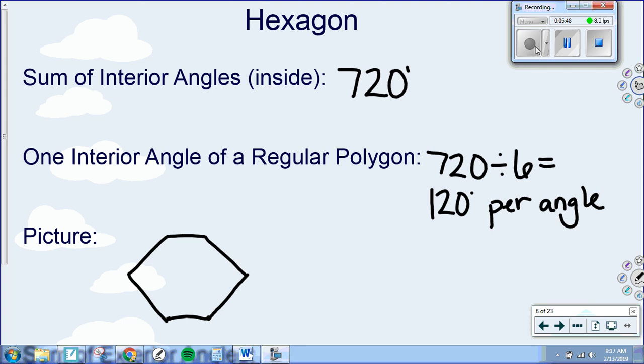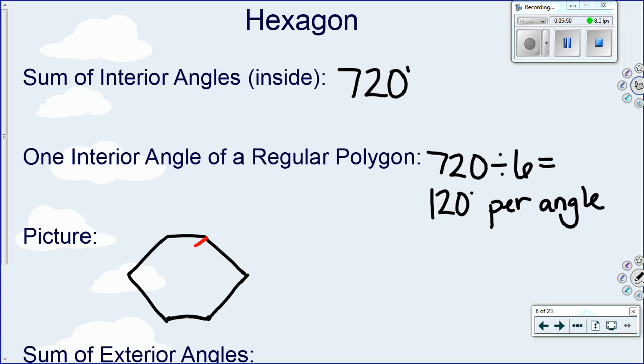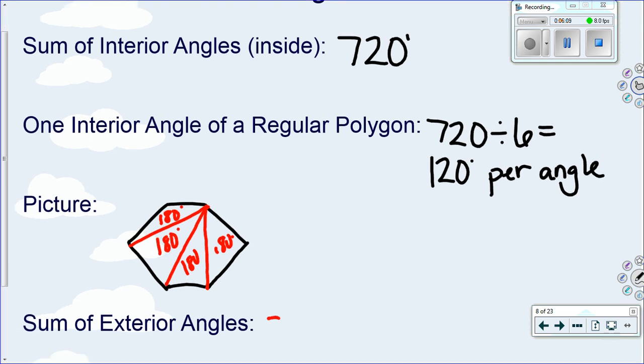There's my picture of my hexagon. So I wanted to break it into triangles. There are 1, 2, 3, 4 triangles, each 180 degrees, which is why there is an interior sum of 720 degrees. And the sum of our exterior angles equals 360 degrees.